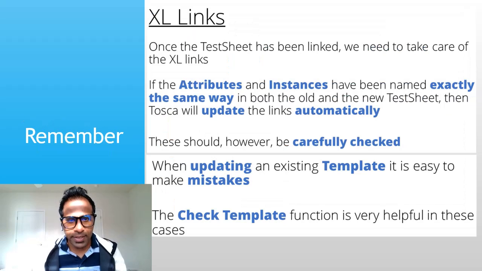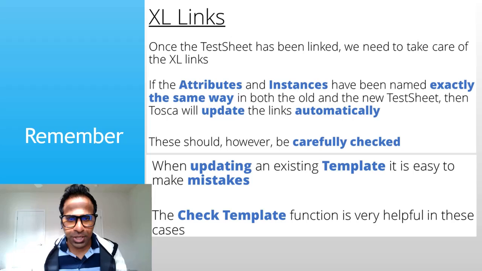Excel links we have already seen in my previous session, where whenever you map a test sheet value to a test step value of a template, an Excel link will be generated. Correct?